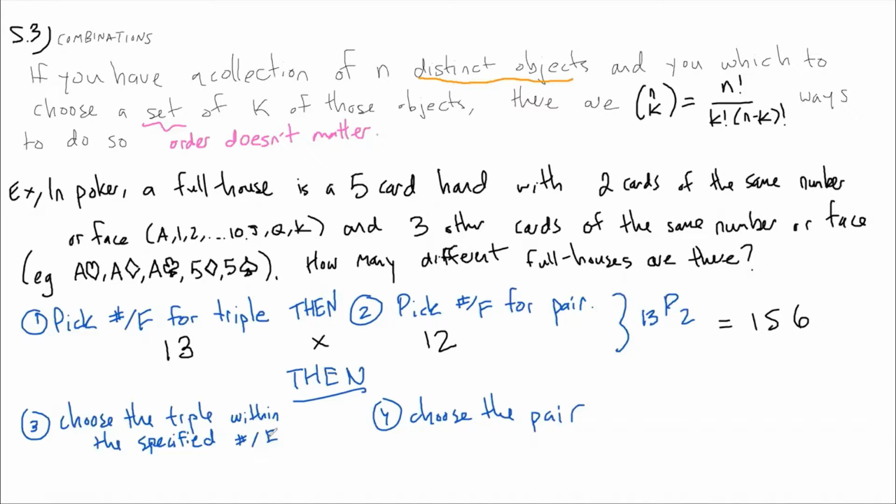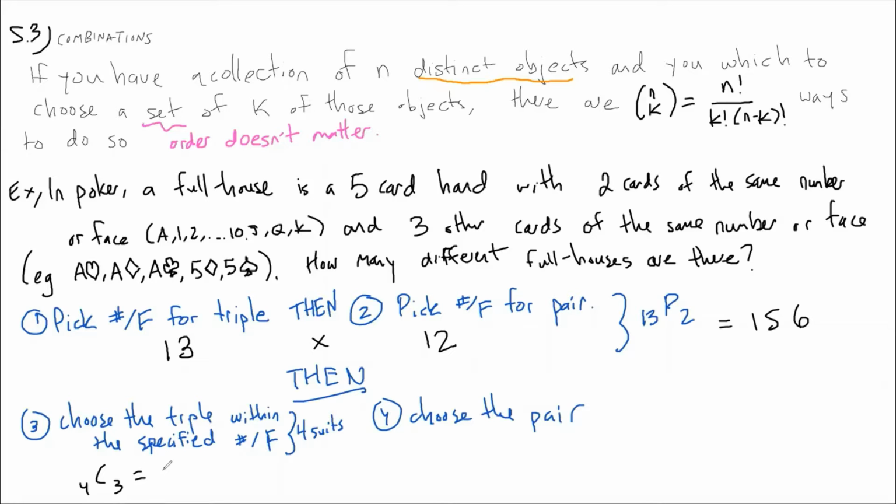Within the number or face, there's 4 cards, there's 4 suits. And it's a triple, so we're going to choose 3 from the 4 suits. So it's going to be 4 choose 3, or 4 over 3 if you like.